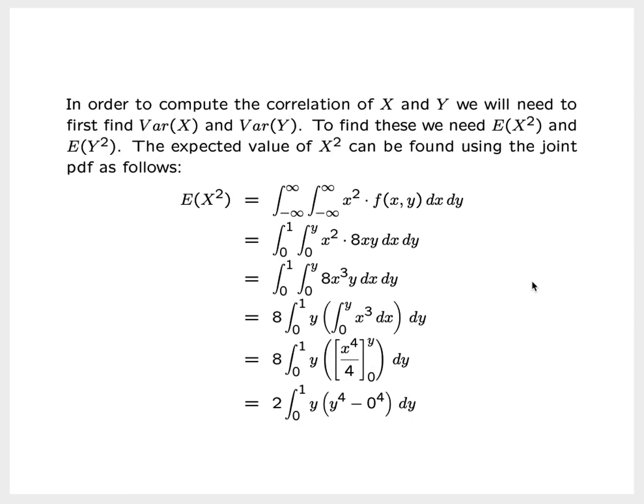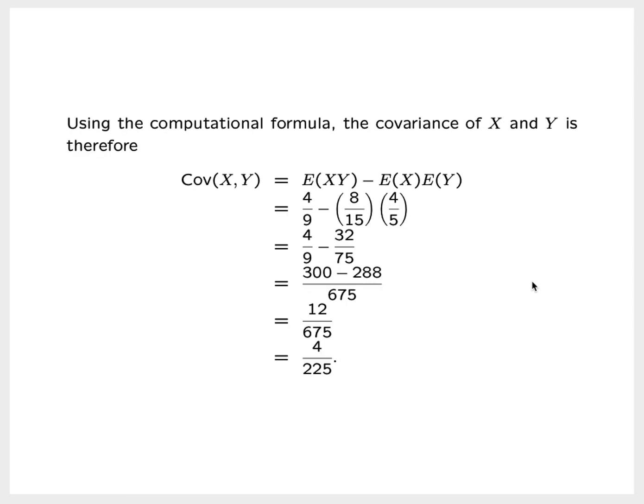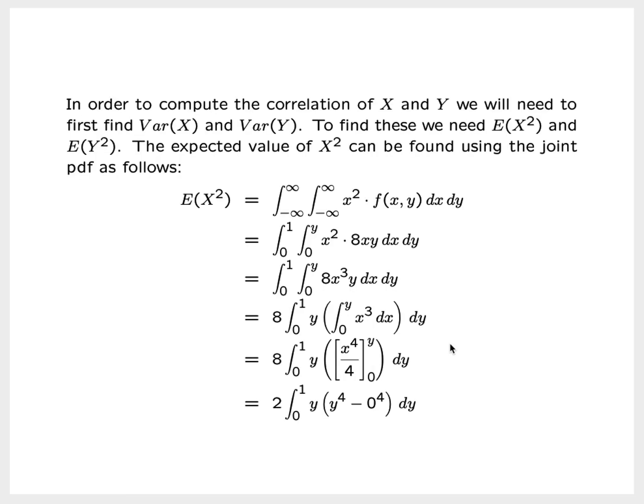Now, because the covariance is not zero, to find the correlation we're going to have to divide the covariance by the square root of the product of the variances. So we need to compute the variances, and we're going to use the computational formula to get them. To find the variance of x, we'll first find the expected value of x squared, that second raw moment of x.